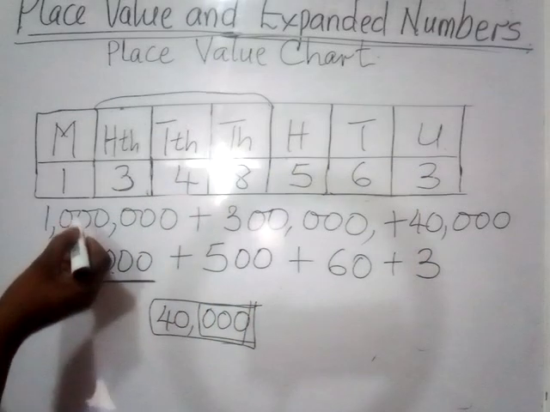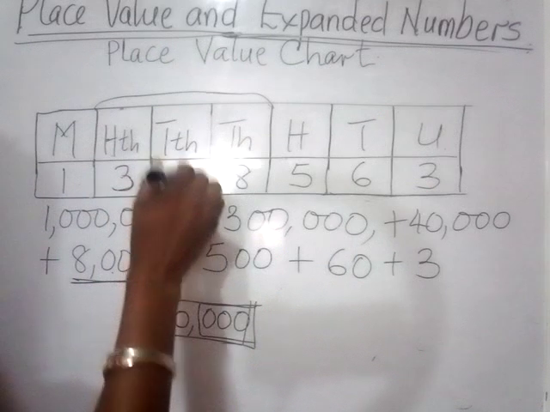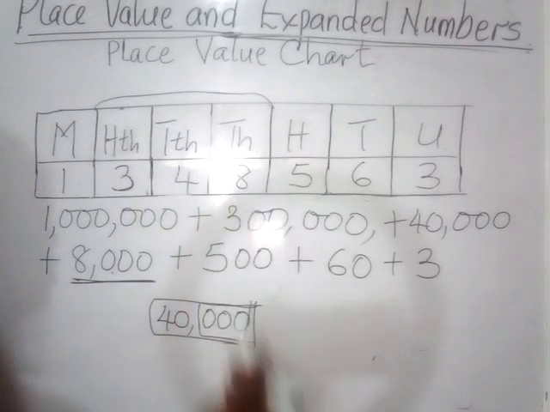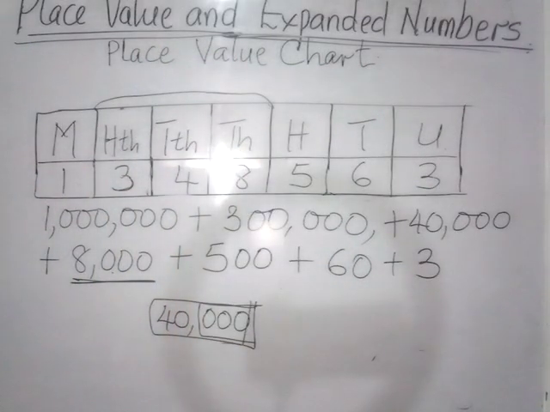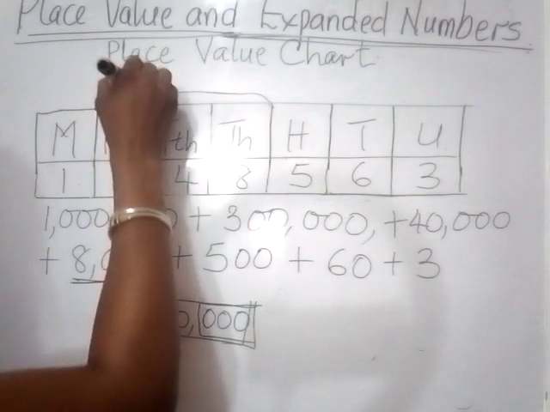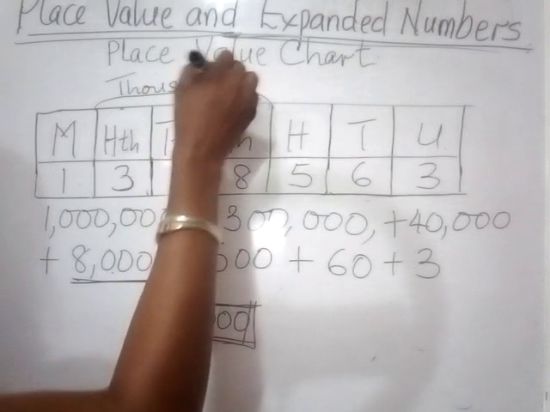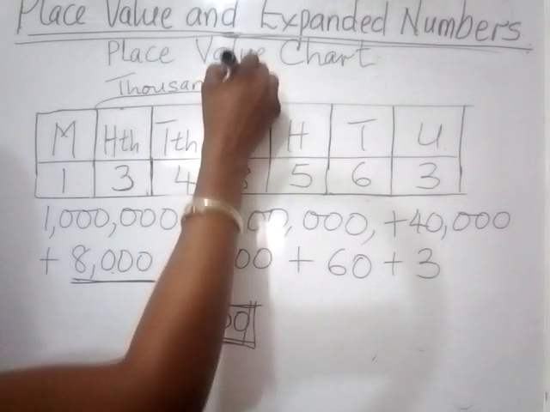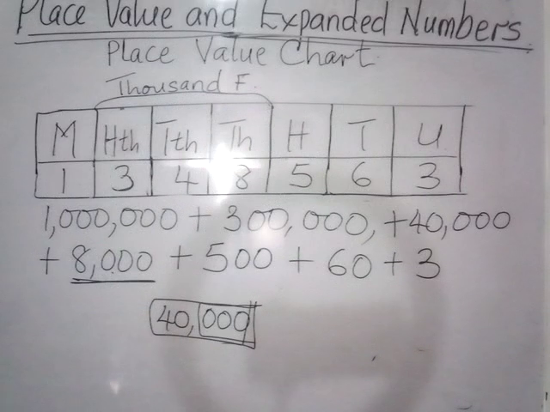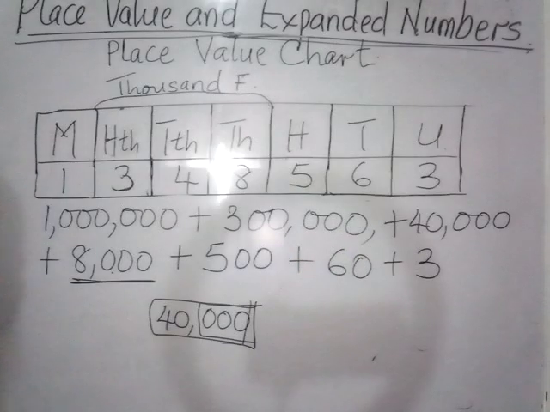You find a child saying something like 1,000,000, 3,000, 4,000, 8,000. It's challenging for students. So here is what I always tell my students that helps them. I call this a 1,000 family. That always helps them to accurately name large numbers like this.